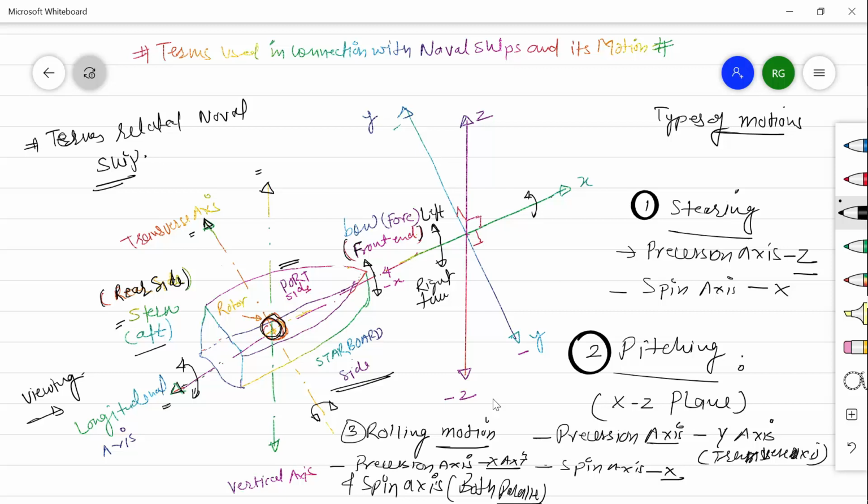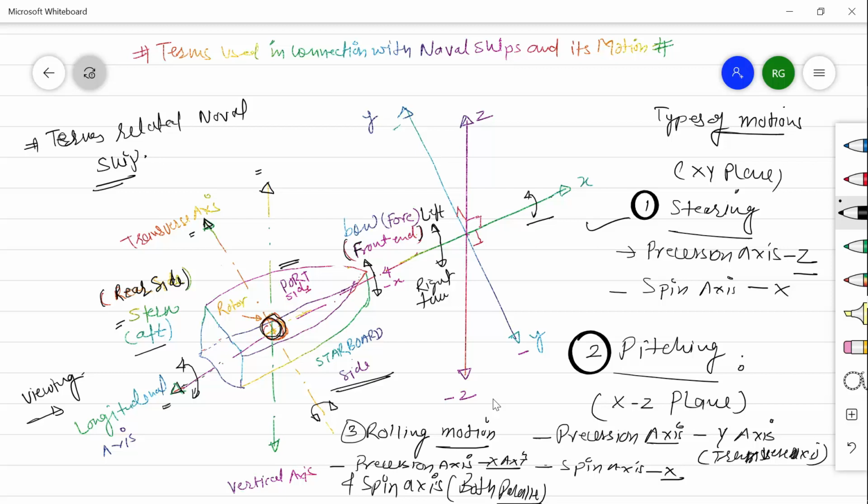So in the case of ships, we have three types of motion. First is steering. When it is taking a left turn or right turn, the motion is happening in the xy plane, the precession axis is the z-axis and the spin axis is the x-axis. Second is pitching, if the front end is rising and dipping continuously.